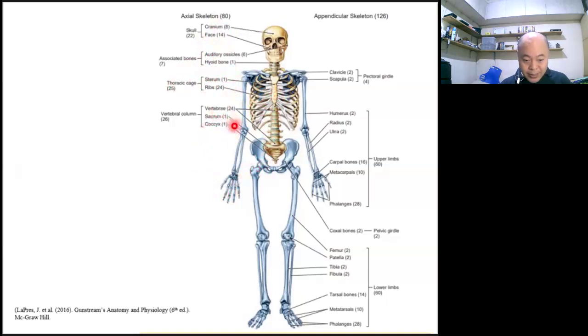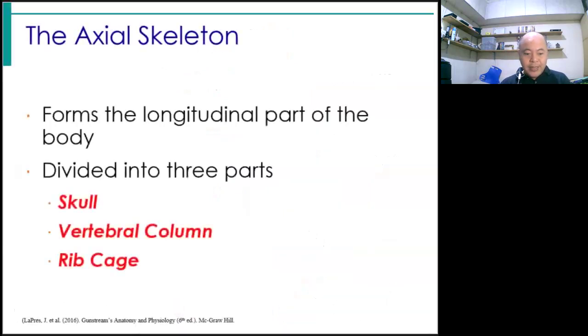Here, you can see the subparts of the lower area of the vertebrae, the sacrum, and the coccyx. Let's check these in detail. The axial skeleton: skull, vertebra, and rib cage.